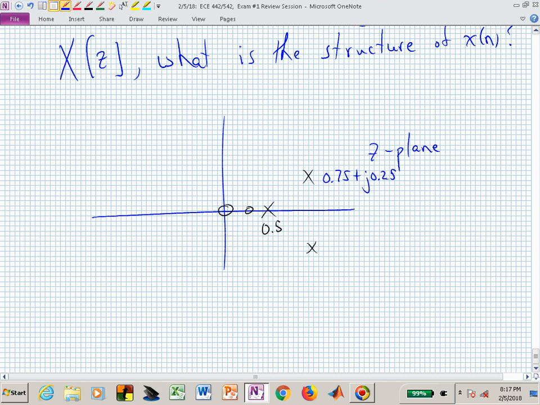The alphas or the betas in my pole zero form of a transfer function. You don't know the gain constant, but you do know all the zeros and the pole locations if they're labeled. And you could write those down. But now, how would you find the structure for little x of n?